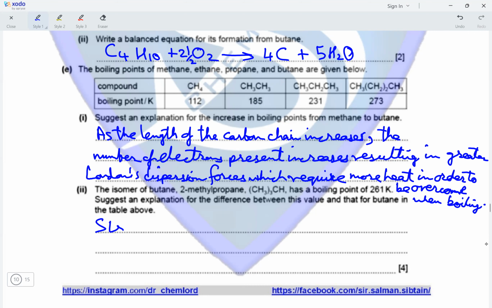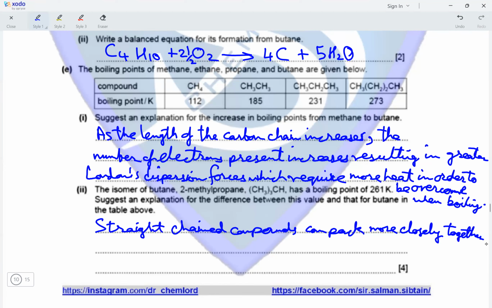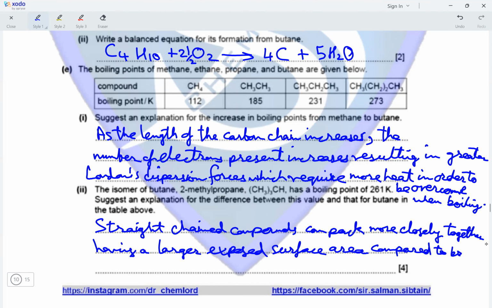So straight chained compounds can pack more closely together, having a larger exposed surface area compared to branched compounds.